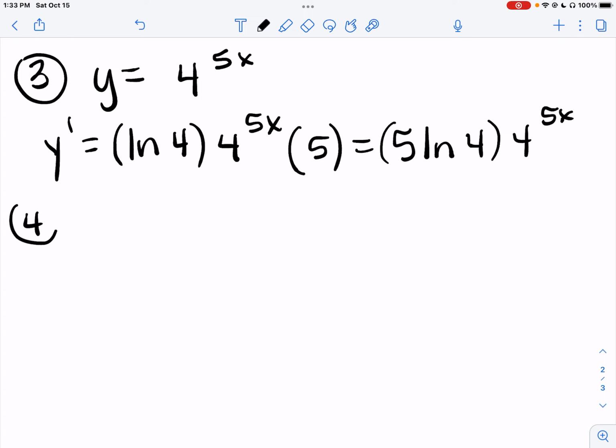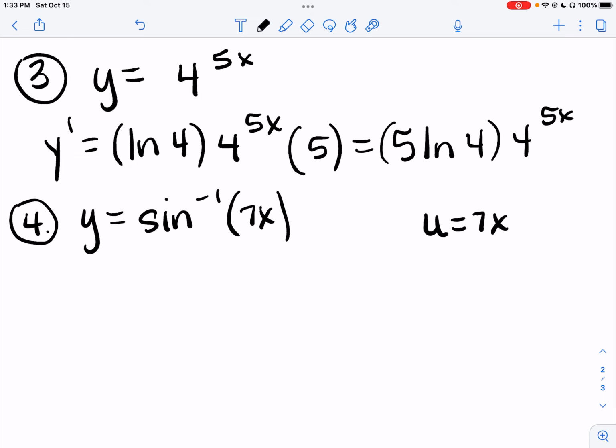Okay, number 4 will be one of the 6 inverse trig derivatives. U is 7x, du is 7dx, and u squared is 49x squared.